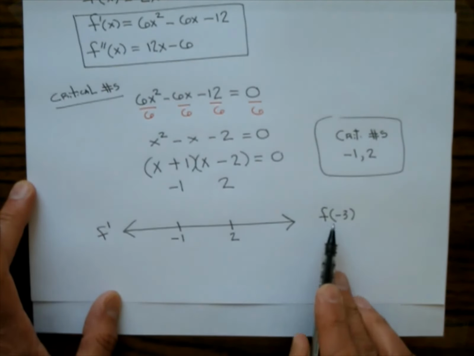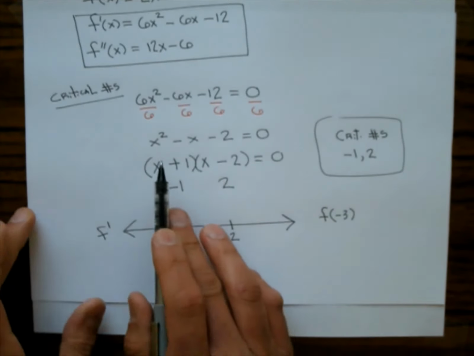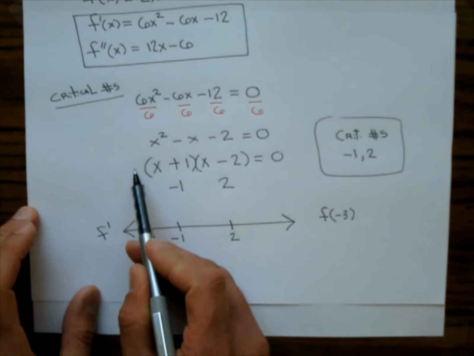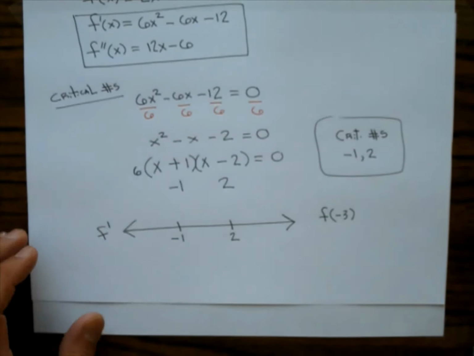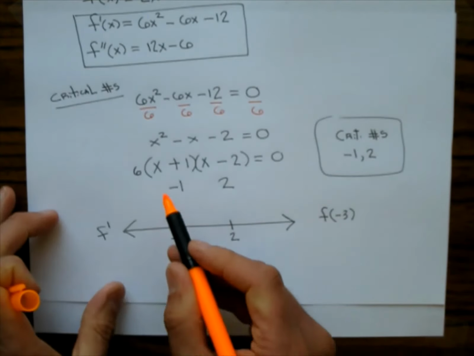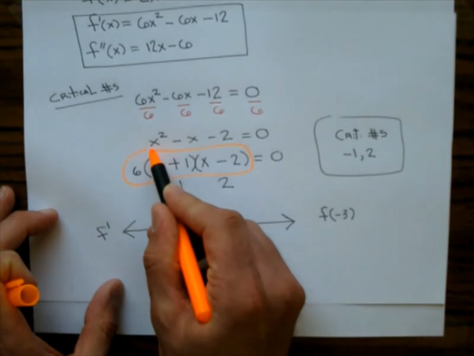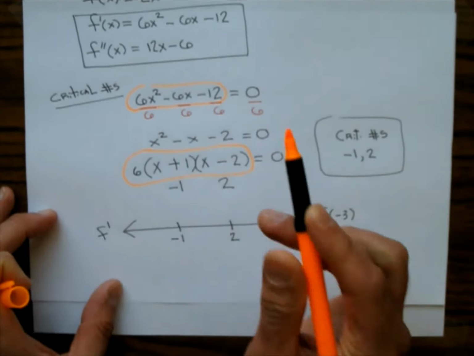And I'm going to put it into the derivative. Now, when I put it into the derivative, instead of dividing by 6, I could have had a 6 right out here and factored out the 6. But you want to take note that this guy right here is the same as the derivative, okay?